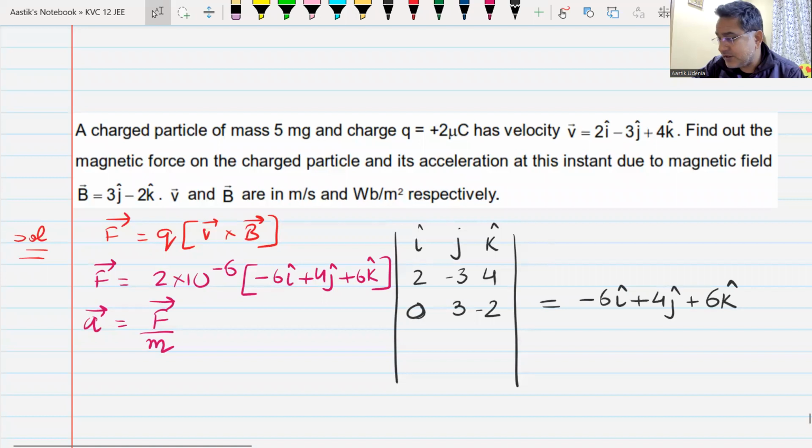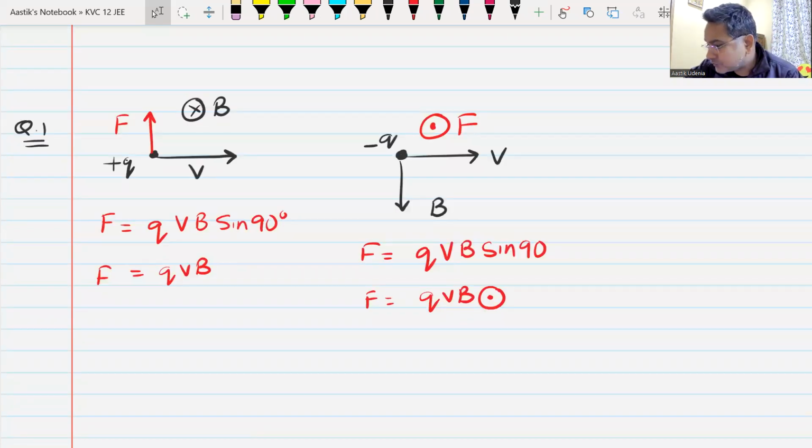We were also looking at how we can find the magnetic force by the direction. Let me continue on this.